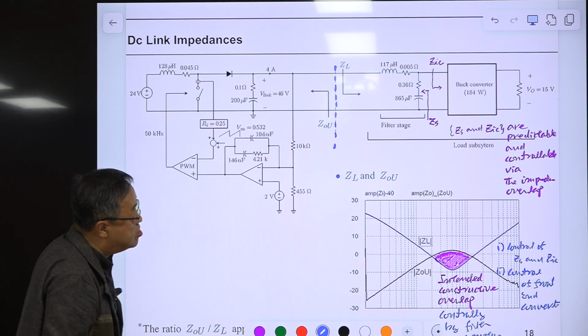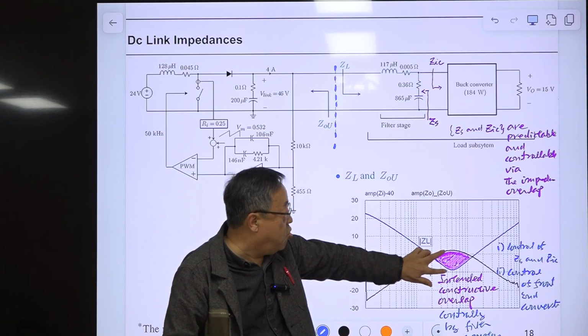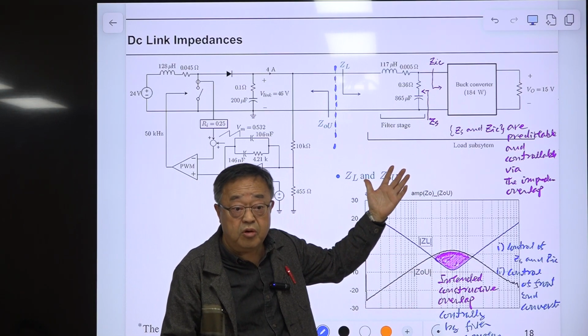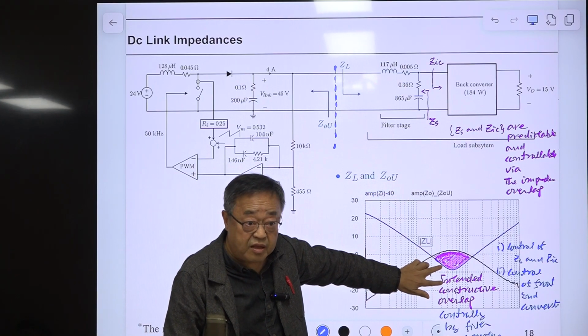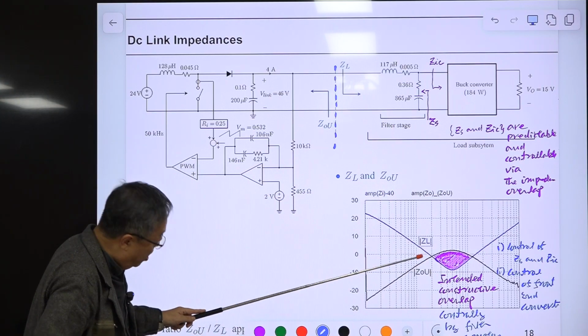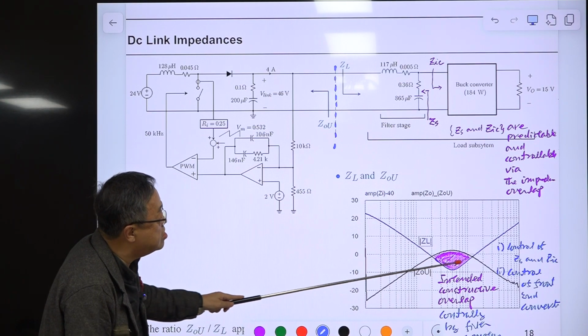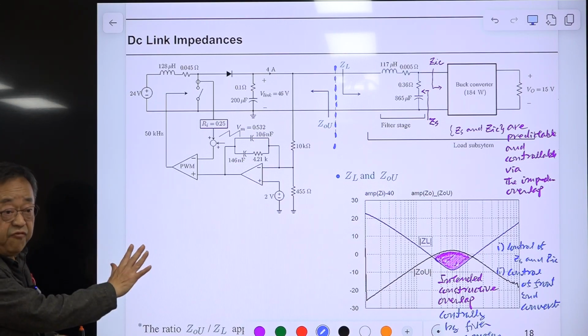Okay, so there is overlap. This much of overlap. We have seen this overlap in the previous lecture. The last slide showed something similar to this. Okay, so this is intended. I intentionally introduced this for some purpose, some benefit from this line filter.